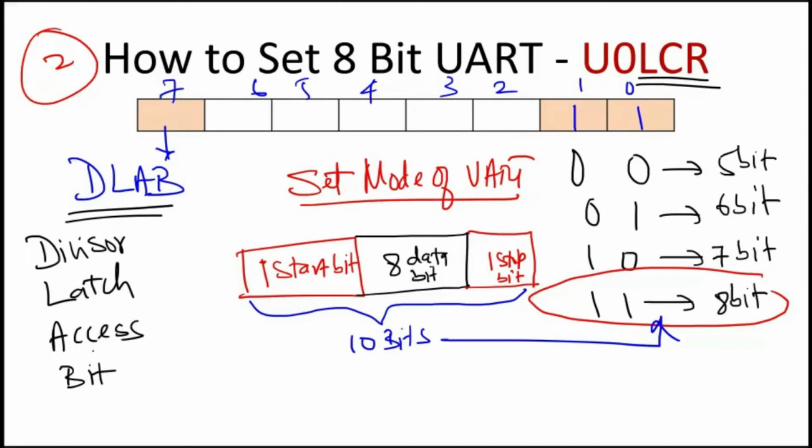What it tells is, if you want to access the divisor latch, then that bit has to be a 1. If you don't want access, you put a 0. But we wanted to access the divisor latch. Why did we want to access the divisor latch? Because the divisor latch is the one which sets the baud rate.